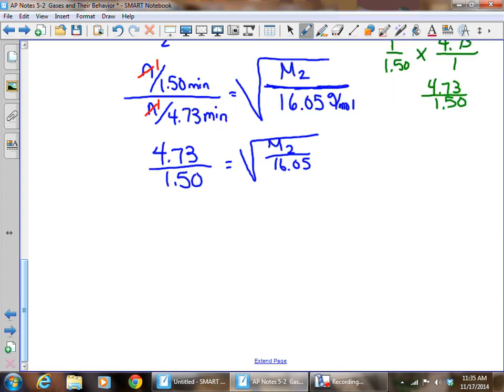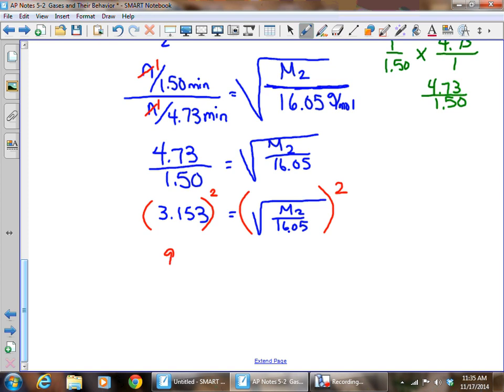So a little more room to work with here. This ends up being 3.153 when we divide it, equal to the square root of M2 over 16.05. And what I'm going to do now is simply square both of these to get rid of the square root. So by squaring this, I end up with 9.9435.